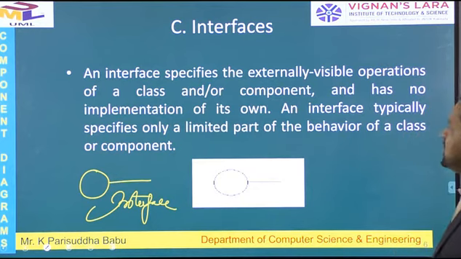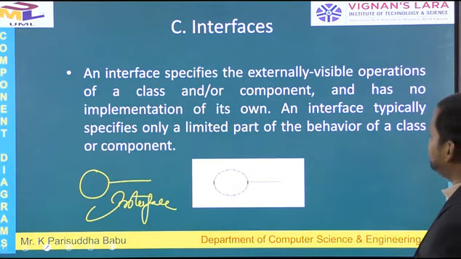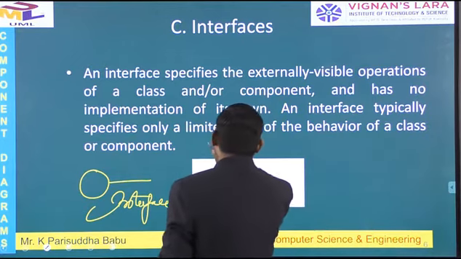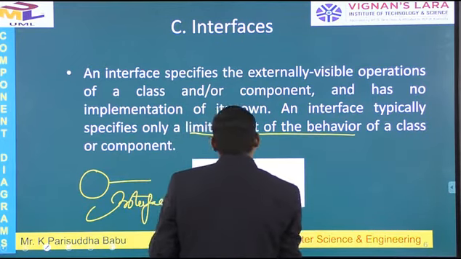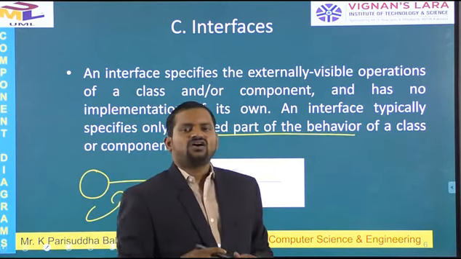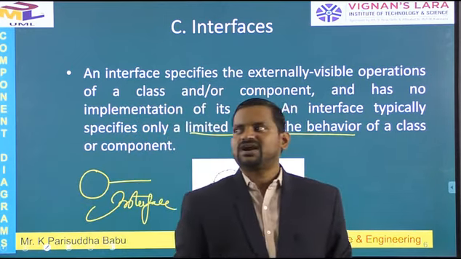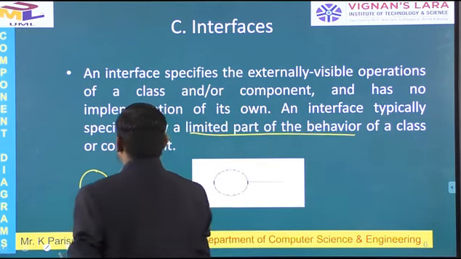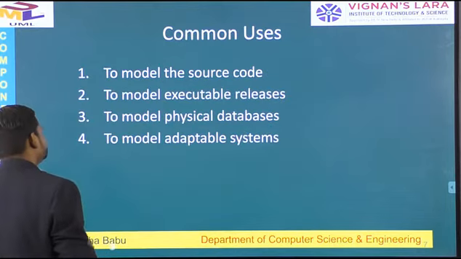Visible or externally visible operations will be represented in the interface. The interface typically specifies only a limited part of the behavior of a class or a component, and we represent that with the interface, right?